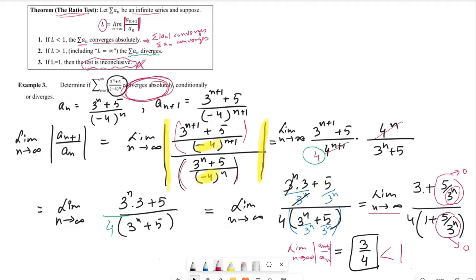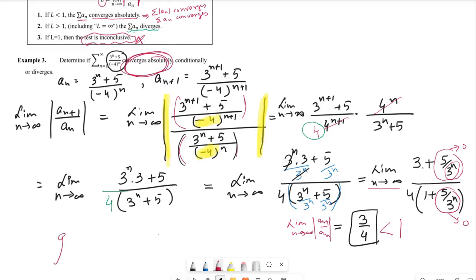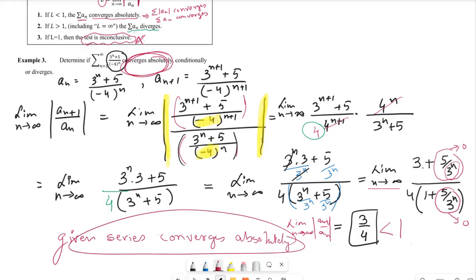The given series converges absolutely using the ratio test.